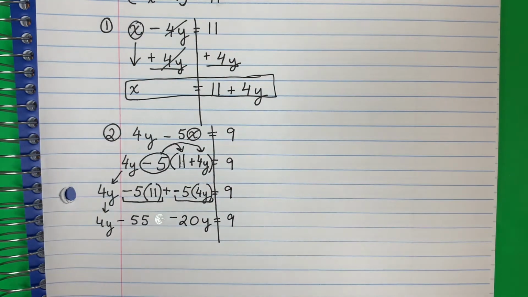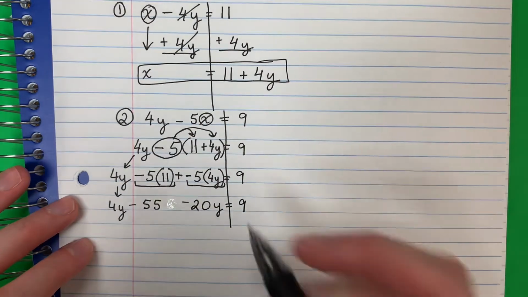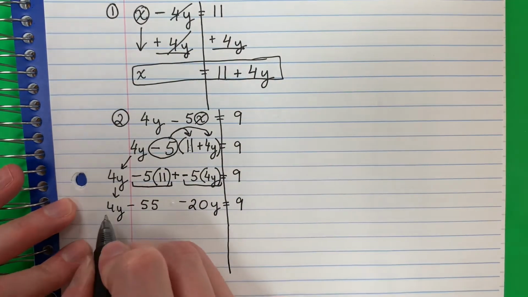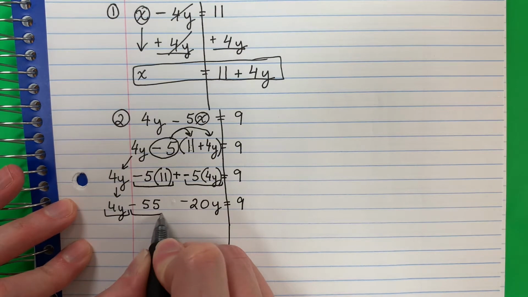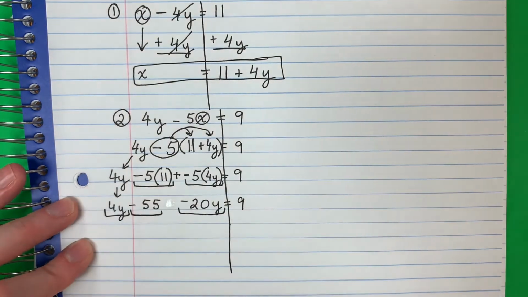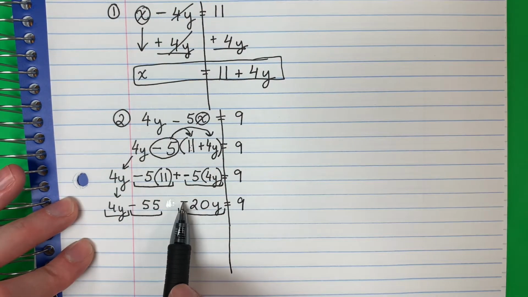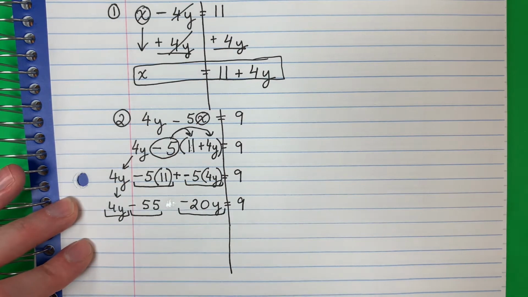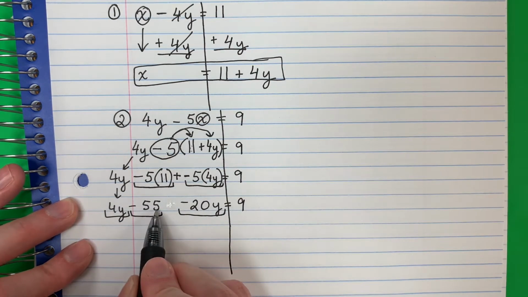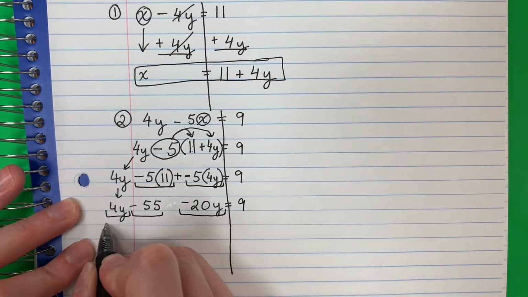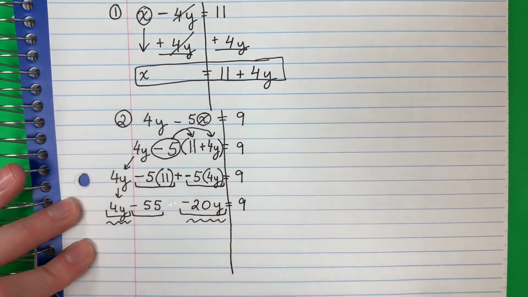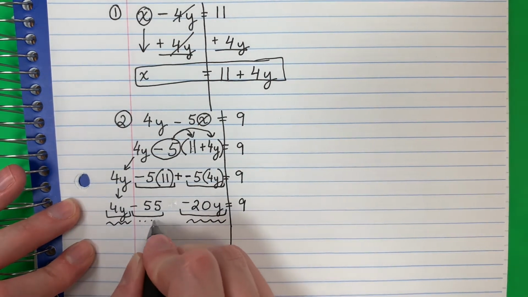Okay, now, how many parts? ¿Cuántas partes? I have 3 parts. 1, 2, 3. Okay, remember this minus is with 55 and this minus is with 20y. All right, y, no y, y. So the y's are together. Los y's son juntos. And then this is diferente.